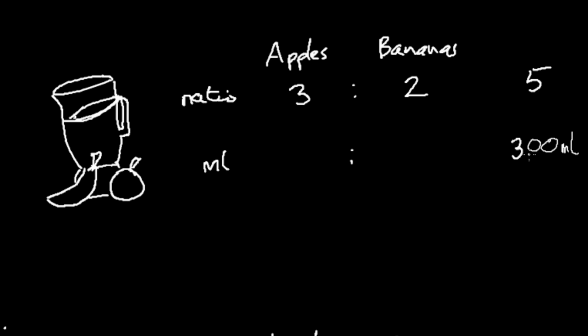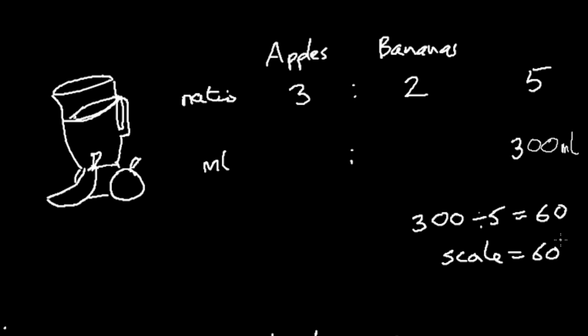Hopefully you can figure out what the scale might be to change from 5 to 300. But if you're not sure, and this is important, you use the main technique to find scale, which is 300 divided by 5, which is 60. That means the scale is 60. So if you want to go from 5 to 300, you times by 60.